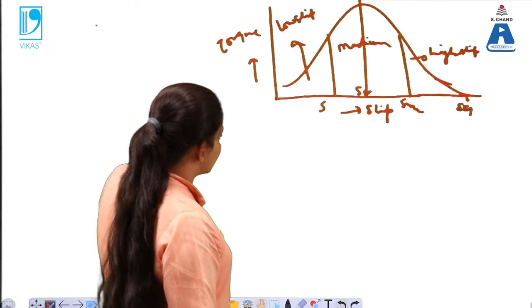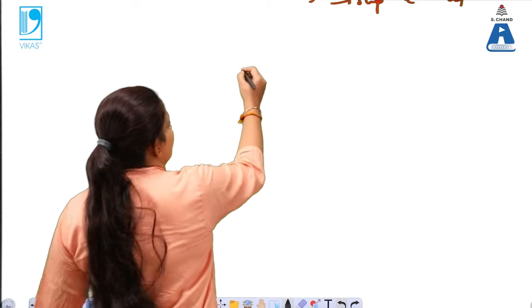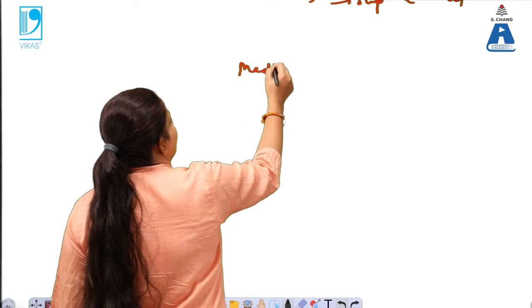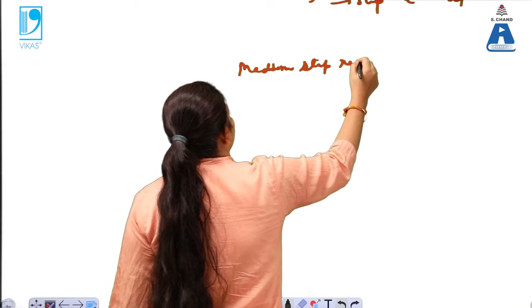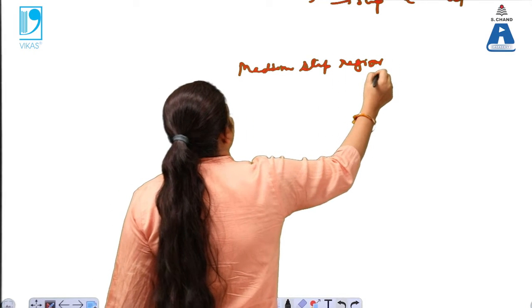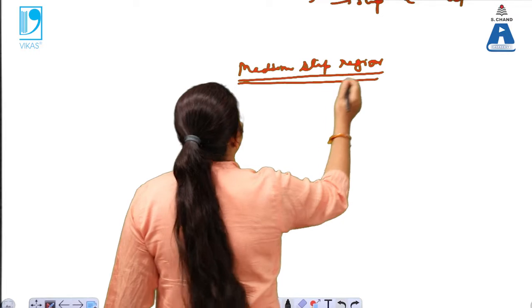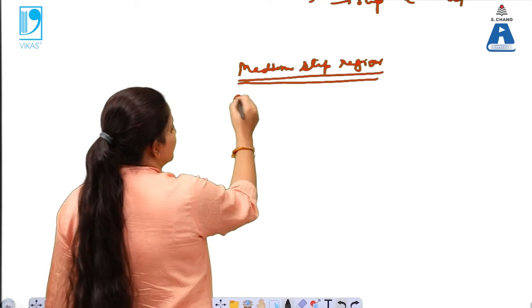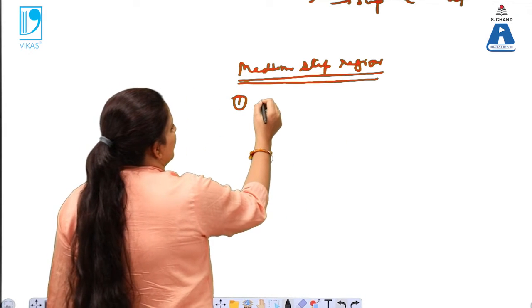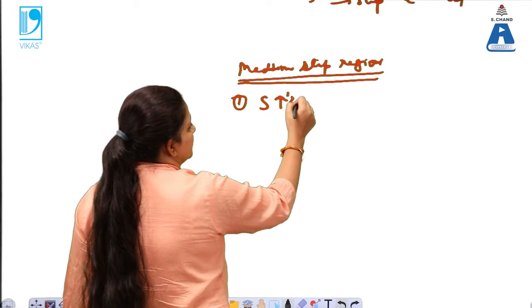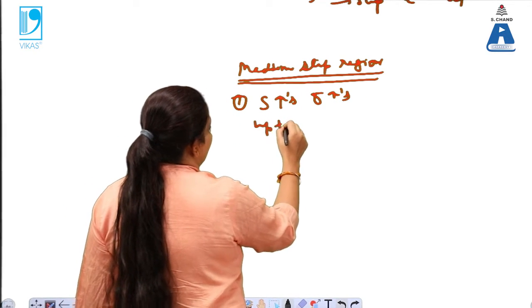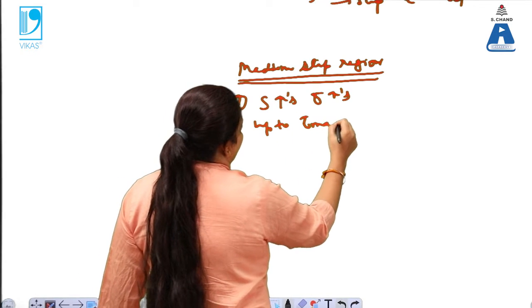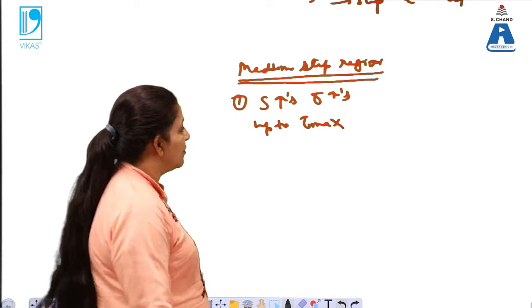In the medium slip region, the important part is its variation, which is of two kinds. One, as the slip increases, the torque increases up to its maximum value.